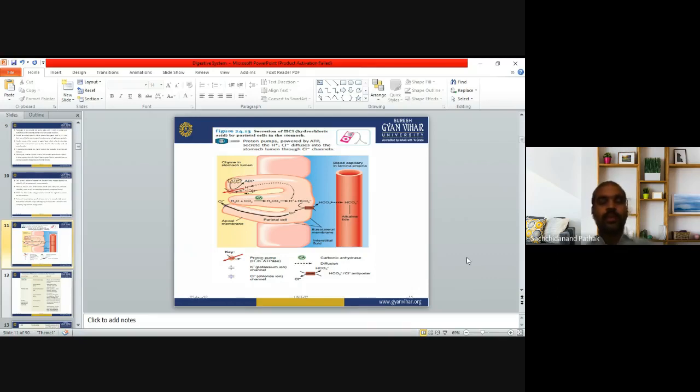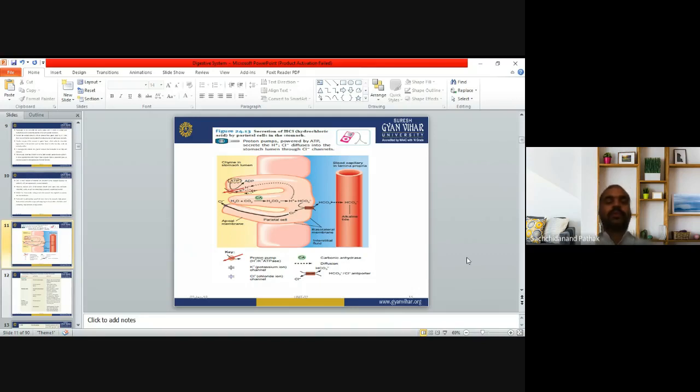So here is the chloride and bicarbonate antiporter. Bicarbonate will go into the interstitial fluid through the basolateral membrane, and the chloride ion will come into the parietal cell, and then through the apical membrane it will leave the parietal cell and go into the lumen with the help of the chloride channel.